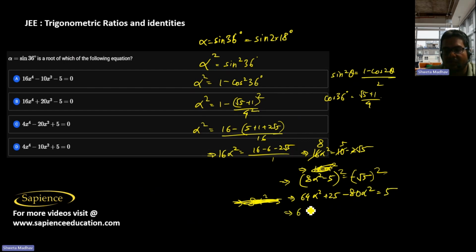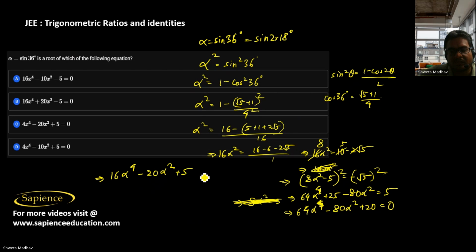So 64 alpha power 4 minus 80 alpha square plus 20 is equal to 0. Now if we divide both sides by 4, 16 4s are 64. So I will get 16 alpha power 4 minus 4 5s are 20, alpha square plus 5, that is equal to 0.